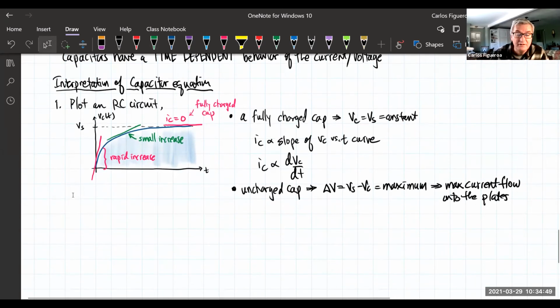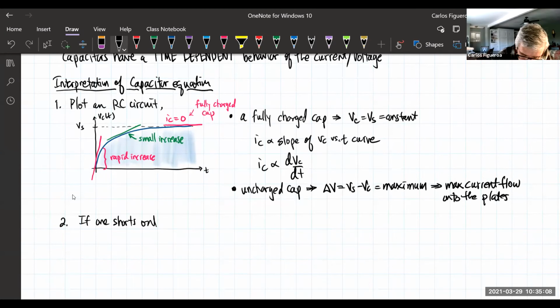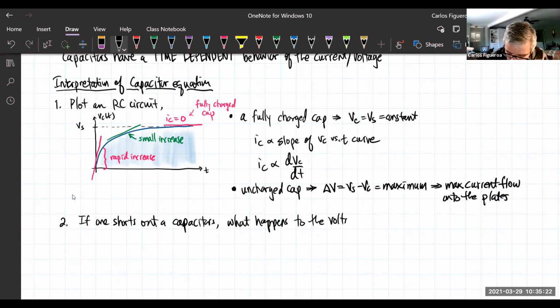Now, there's another little thing here that I think is quite interesting: if one shorts out a capacitor, what happens to the voltage?